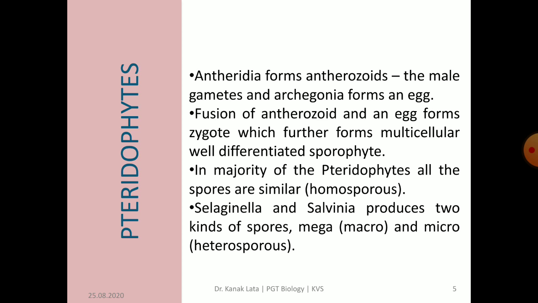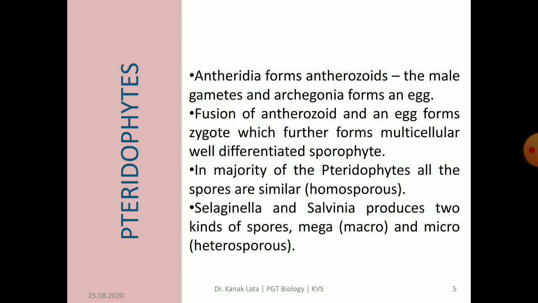Union of male and female gamete results in the formation of zygote. This fusion and fertilization require water. After fertilization, the zygote forms a multicellular, well-differentiated sporophyte. So you have seen that there is alternation of generation: after gametophyte, a sporophyte is formed, and after a sporophyte, a gametophyte is formed.